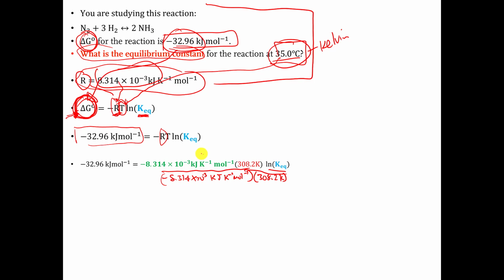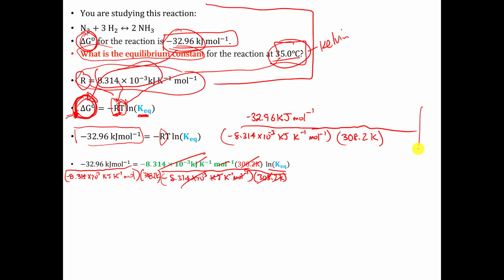If we do that, the numbers will reduce away to 1 and the units will cancel. But we have to do this to the other side as well. So we're going to divide the left side by negative 8.314 times 10 to the negative 3 kilojoules per Kelvin per mole, and also divided by 308.2 Kelvin.